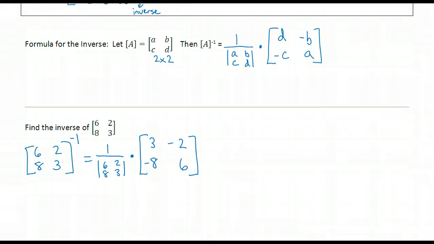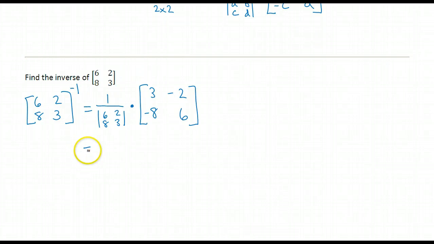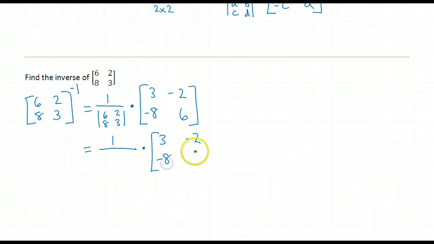Now I need to do this math. I'm going to start with the determinant.